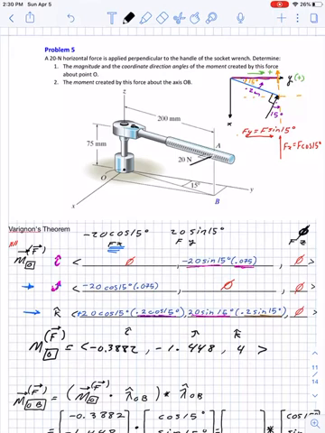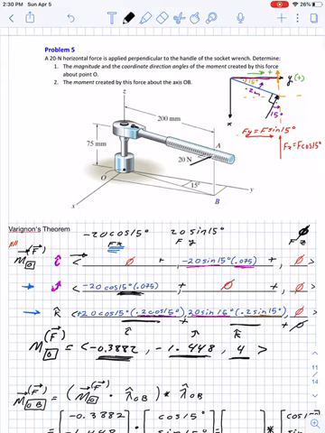Now, all we're doing here is just adding across this way. So 0 plus negative 20 sine 15 times 0.075 plus 0 will give us this value, and then negative 20 cosine 15, this part right here, added to 0 gives us negative 1.448, and this part right here added to this part and then plus 0 is going to give us exactly 4.